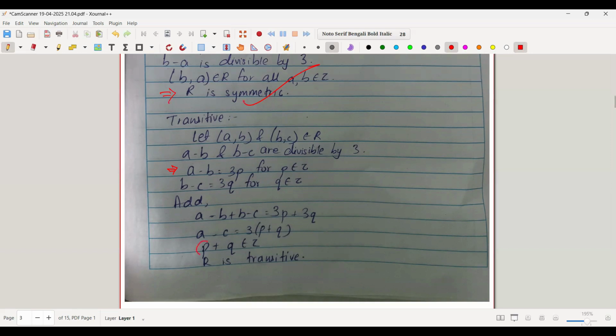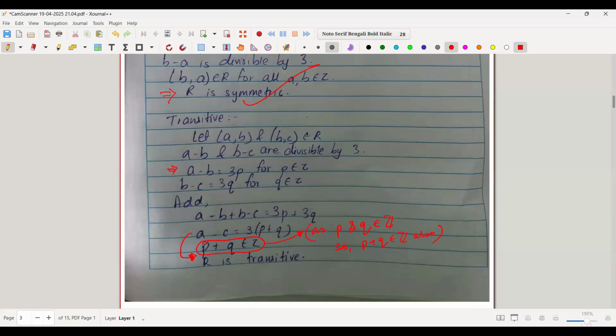This should be written here, as a continuation of the problem. Write it beside this. As p and q belong to Z, so p plus q belongs to Z also.